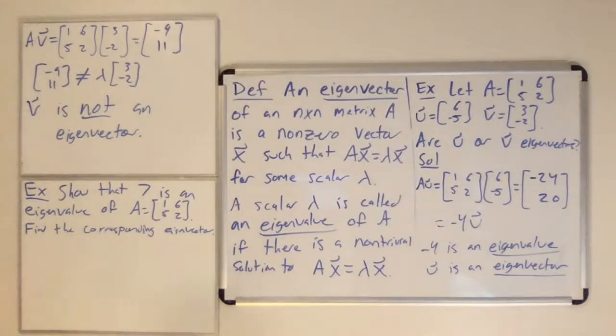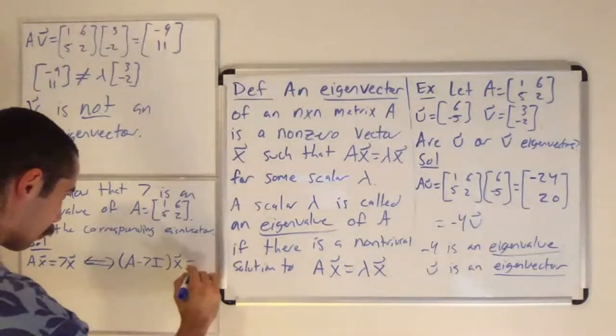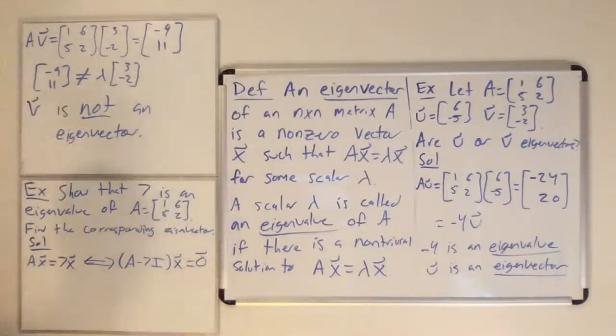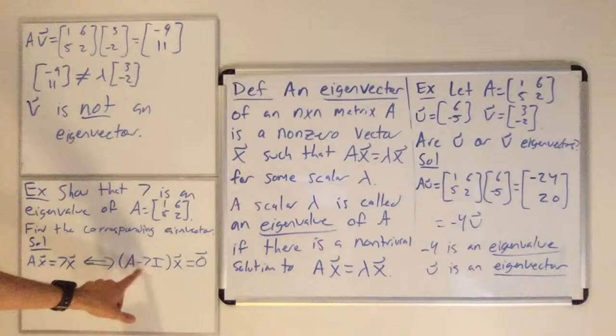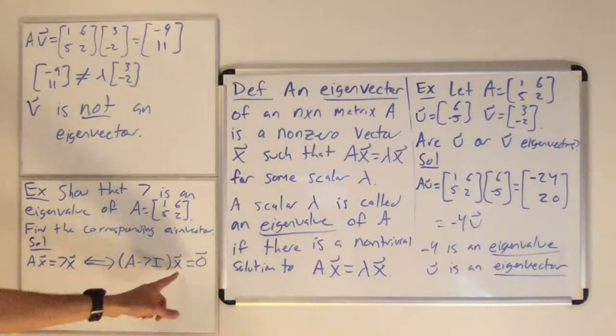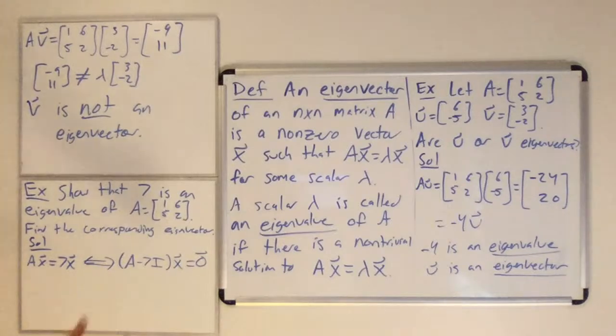And another way, I'll write out the first step. We can subtract over the 7x and treat it as the matrix A minus 7I times x, I being the identity matrix, equals 0, right? And we know this is a homogeneous system, so we're really good at solving these.